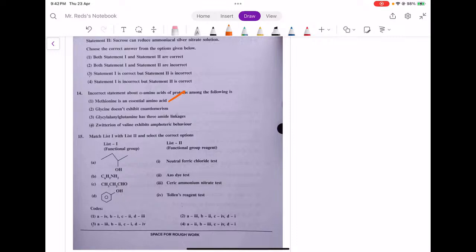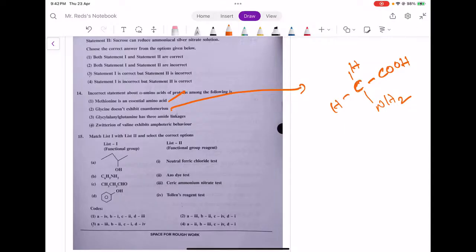glycine does not exhibit enantiomerism. Why? Because glycine does not have a chiral carbon. Glycine is CH2(NH2)COOH.